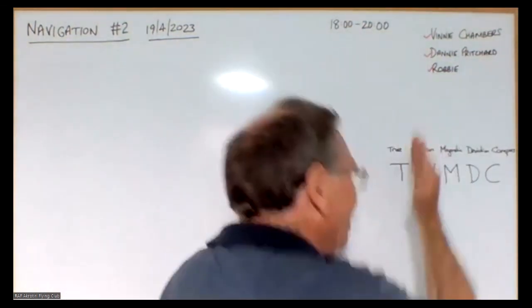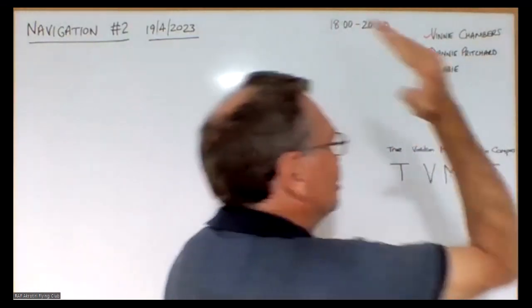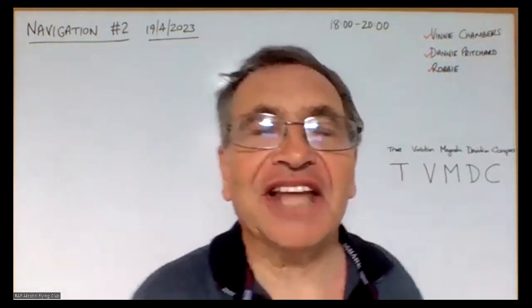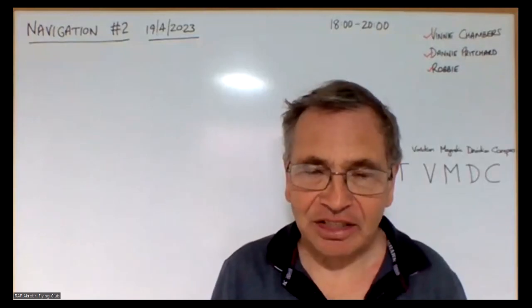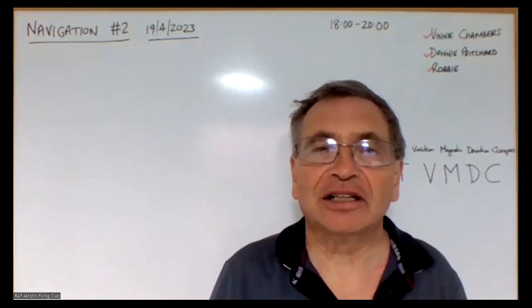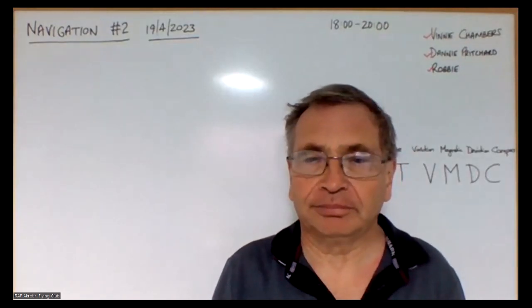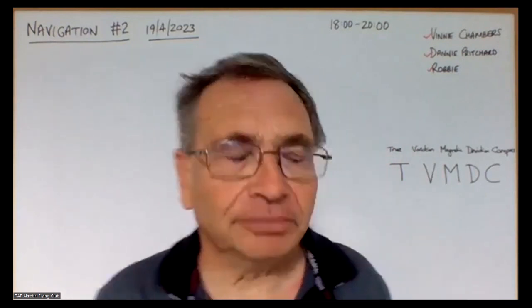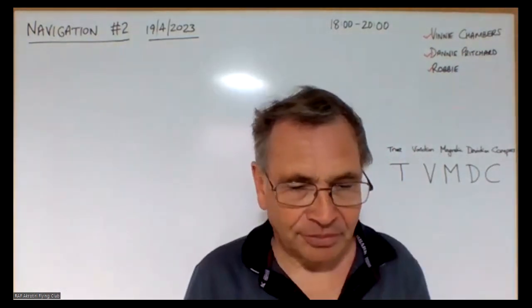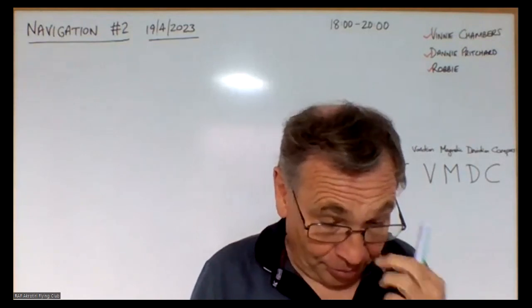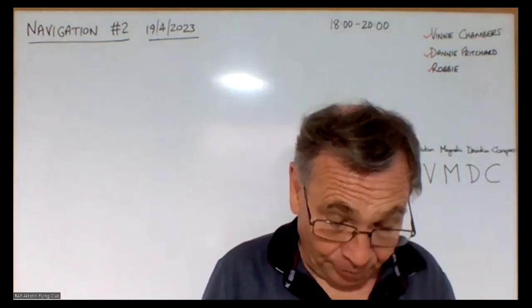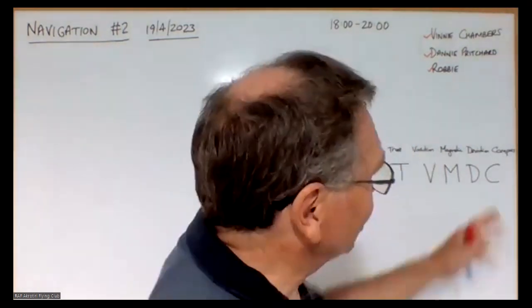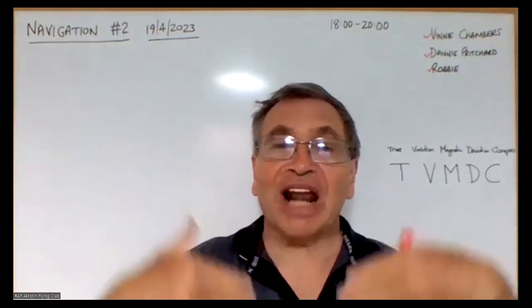So variation is a function of where you are on the planet. Deviation, Danny, what is deviation and what determines it? Deviation is like the impact your aircraft has on the magnetic compass in the aircraft, and it's determined by the deviation card in the aircraft cockpit. That's right. So deviation you would expect to be a function of the plane, wouldn't you?